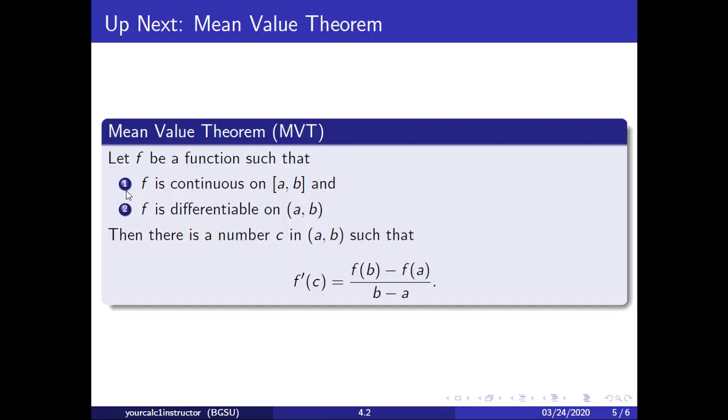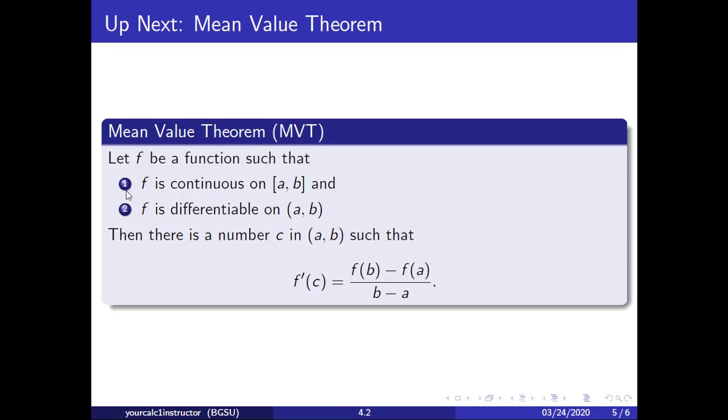Now, next, we will take a look at a generalization of Rolle's theorem called the mean value theorem. We keep the first two hypotheses of Rolle's theorem, that of continuity and differentiability, but we drop the requirement that f of a equals f of b.